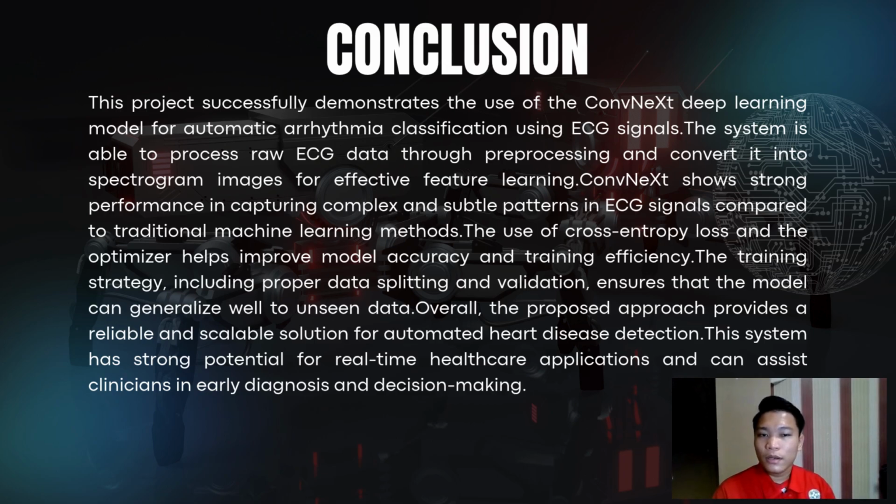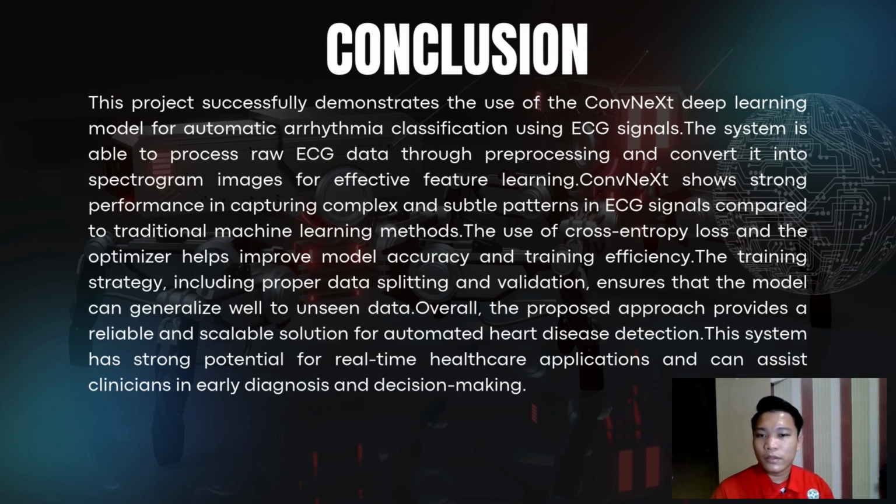ConvNeXt showed strong performance in capturing complex and subtle patterns in ECG signals compared to traditional machine learning methods. The use of cross-entropy loss and the optimizer improved model accuracy and training efficiency.